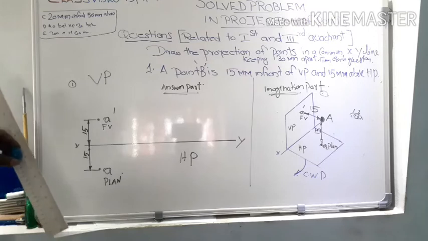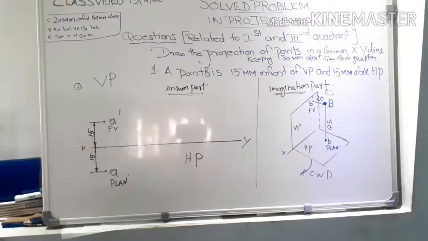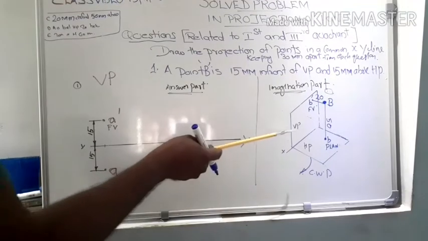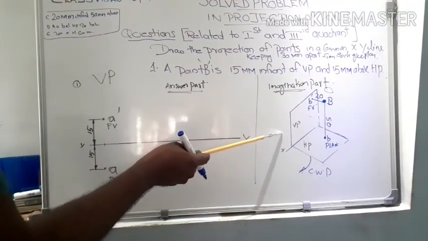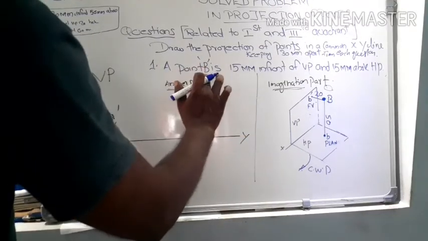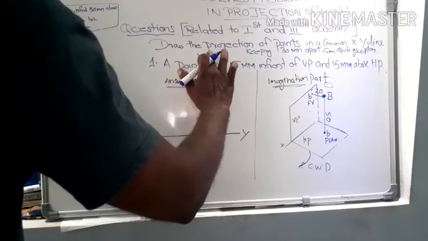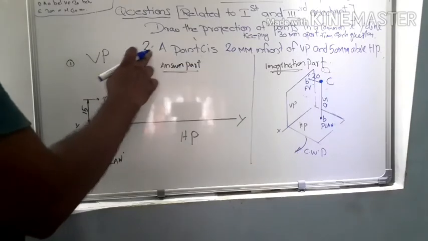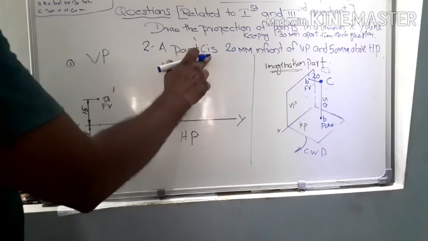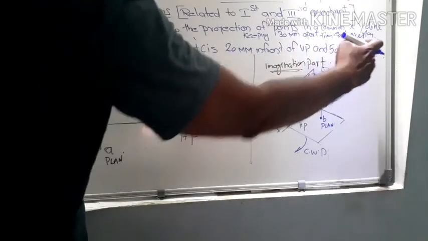Okay. Next we have to move on to the second question. In our next question, point C. In the second question, point C is 20 mm in front of VP and 50 mm above HP.